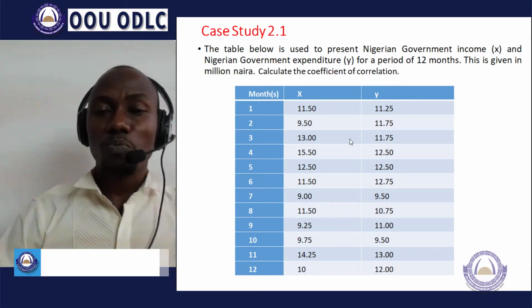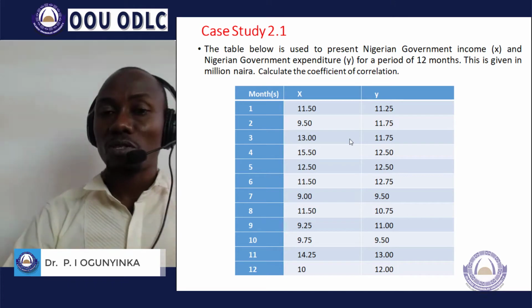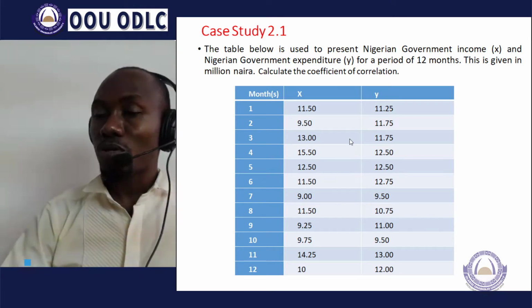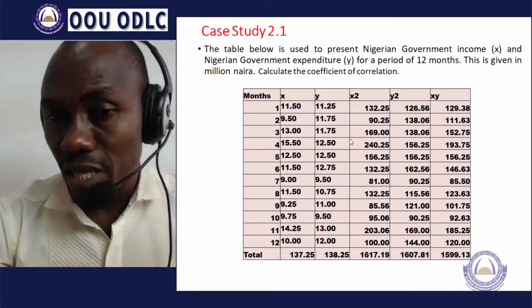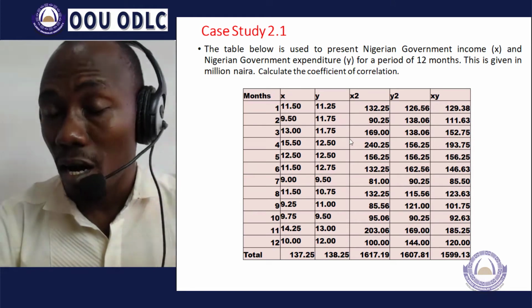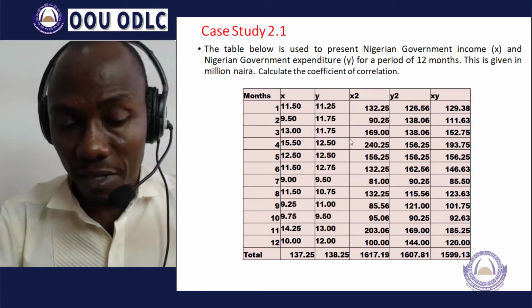To do so, we have to introduce some new columns to compute some estimators that will be needed for the computation of Pearson's product moment correlation coefficient.